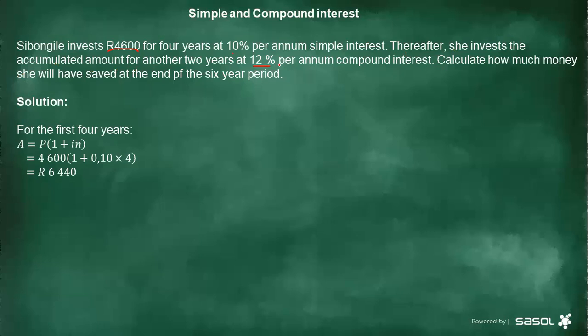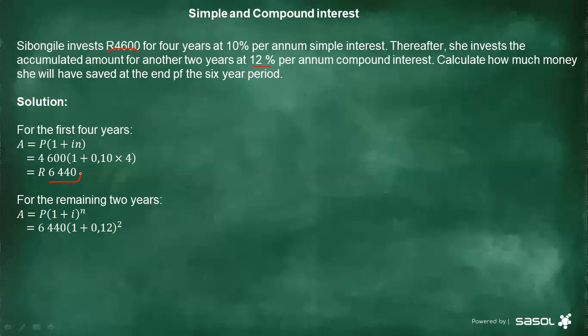We invest it again for another 2 years, but now it is in compound interest. For the remaining 2 years, you write the formula for the compound, and then you substitute the money that we accumulated after 4 years, which is now going to be our P, 6,440 rand, and then 1 plus 0.12, because I clearly said we should divide our interest rate by 100 before you substitute it into the formula.